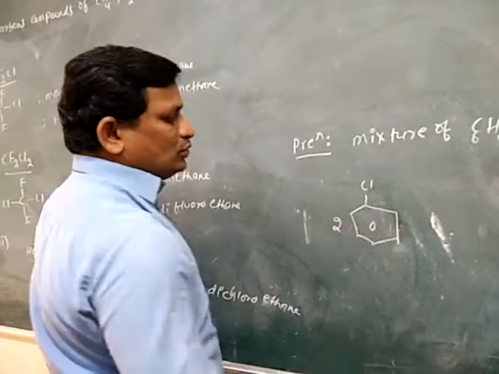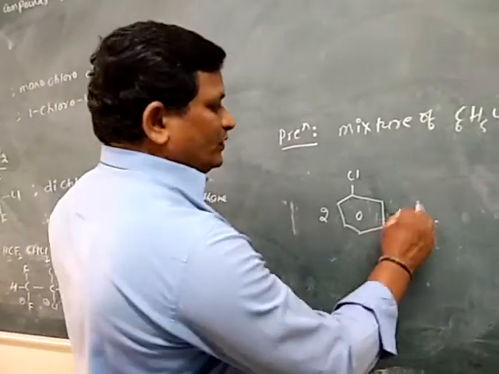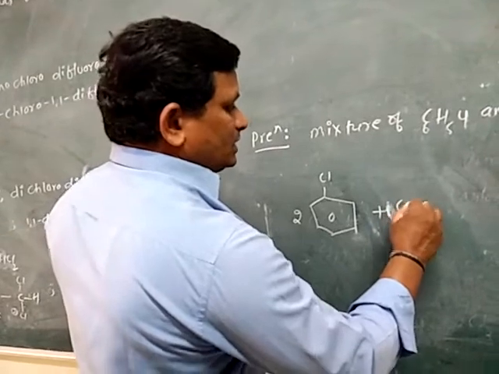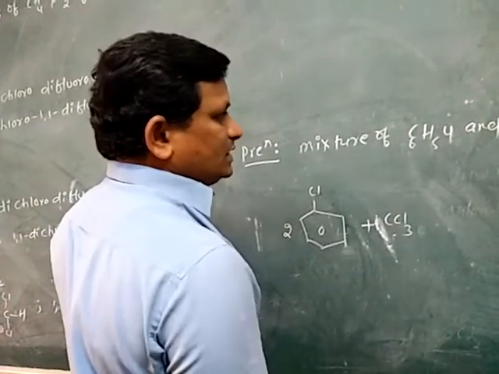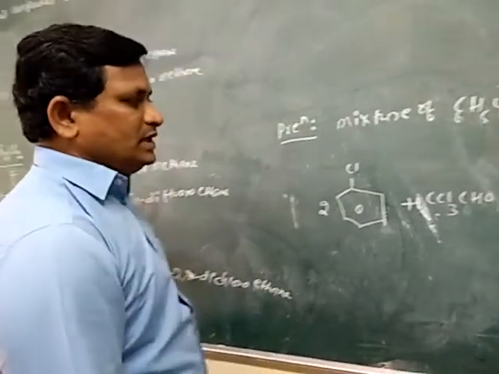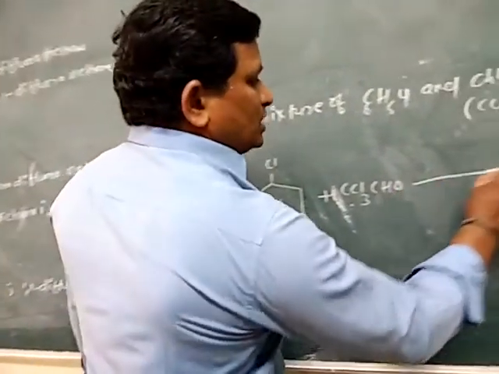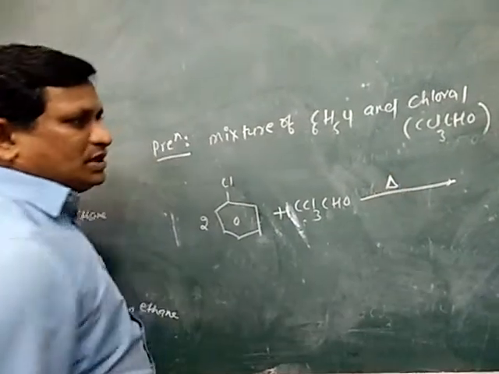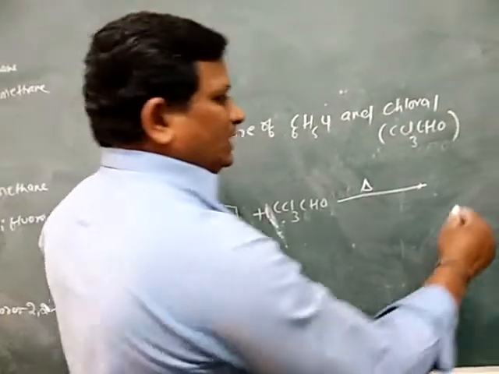Let us consider 2 moles of chlorobenzene treated with CCl3CHO. On strong heating of this mixture, it gives the DDT.